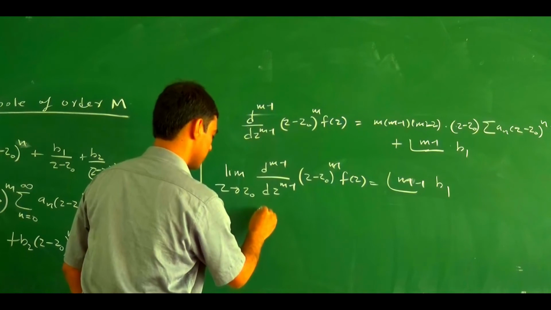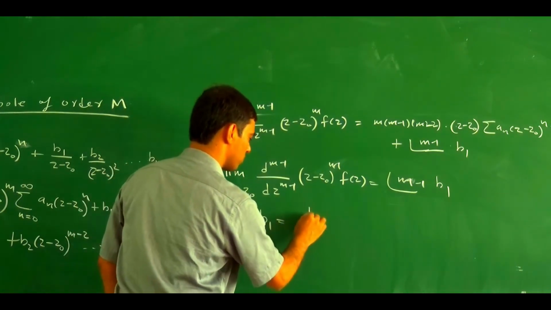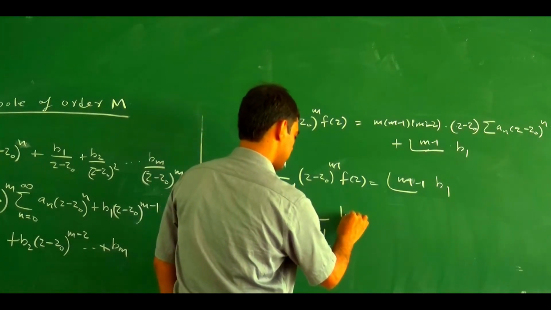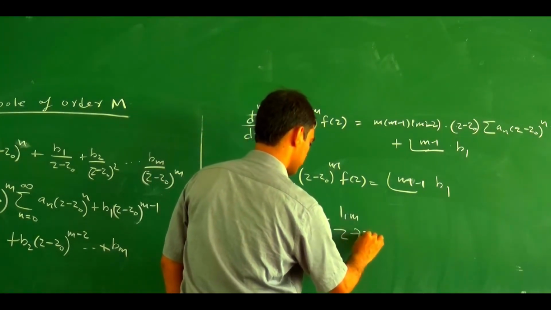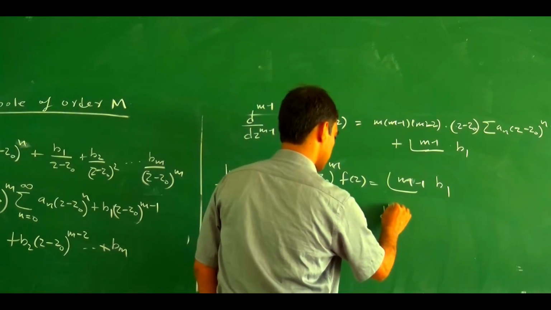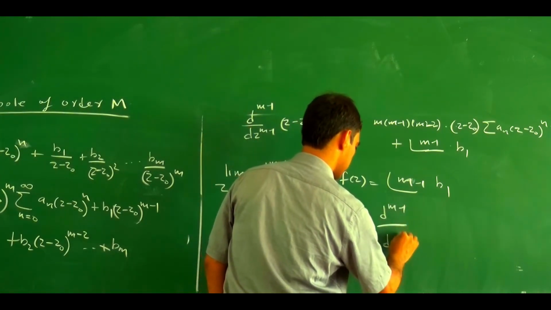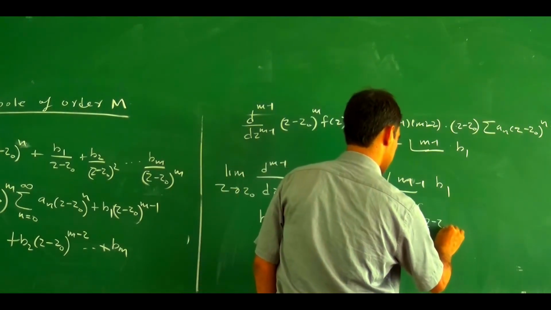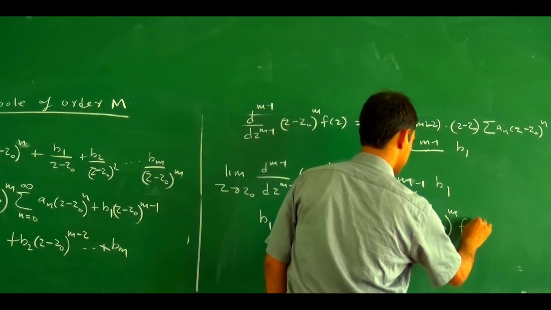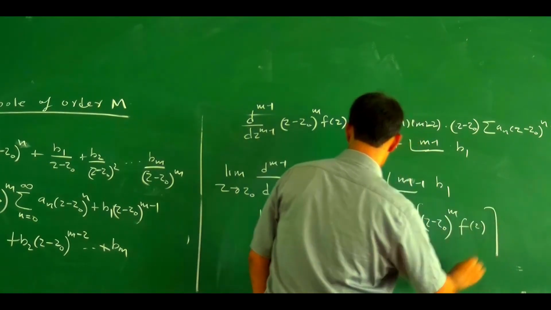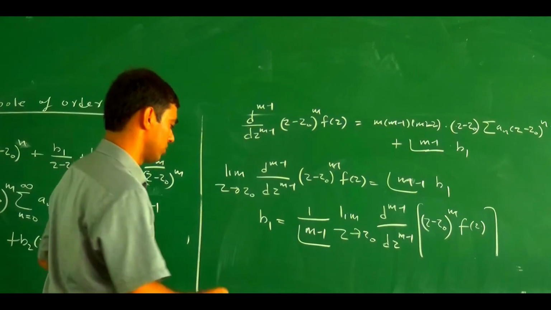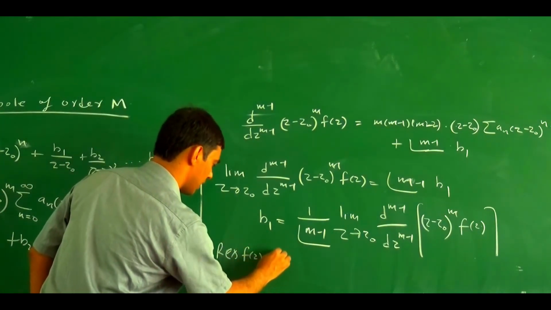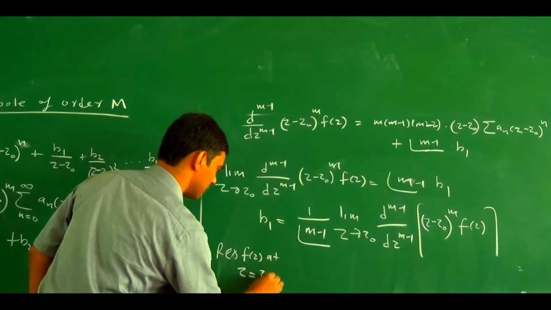So b1 becomes 1 upon factorial (m minus 1) times the limit as z tends to z0 of d^(m-1)/dz^(m-1) of [(z minus z0) to the power m f(z)]. This is the residue of f(z) at z equal to z0.